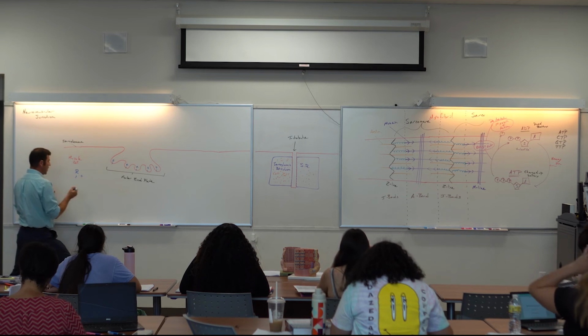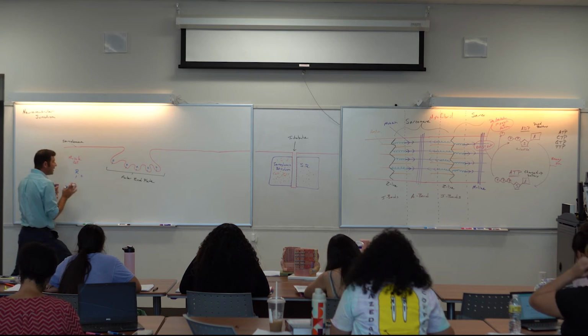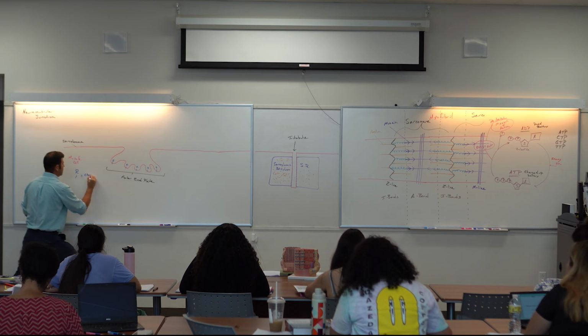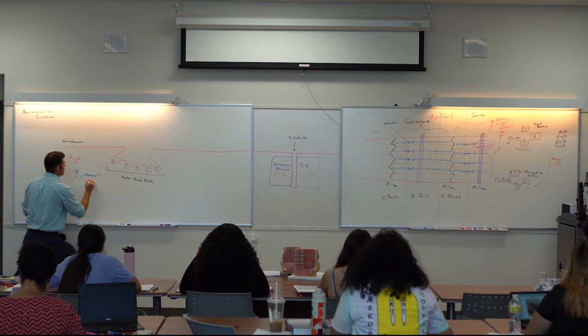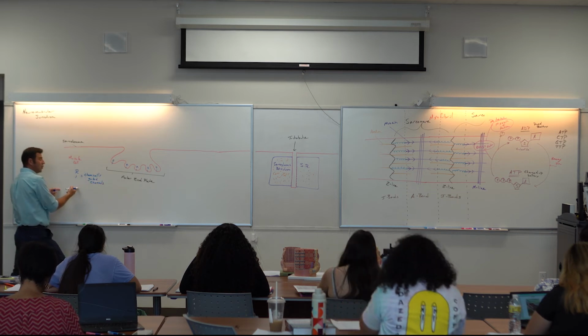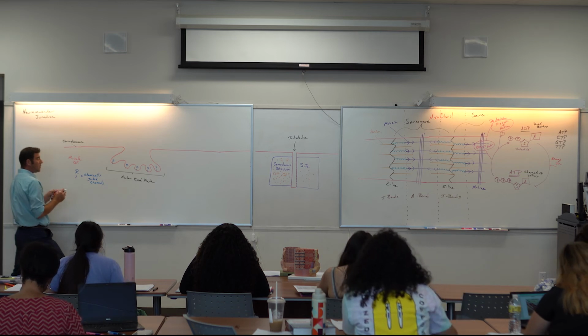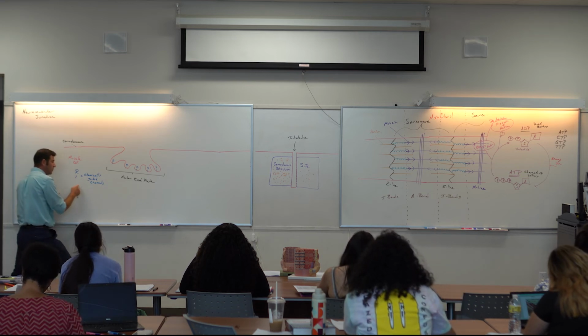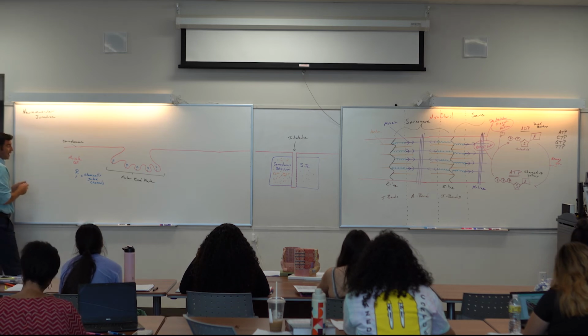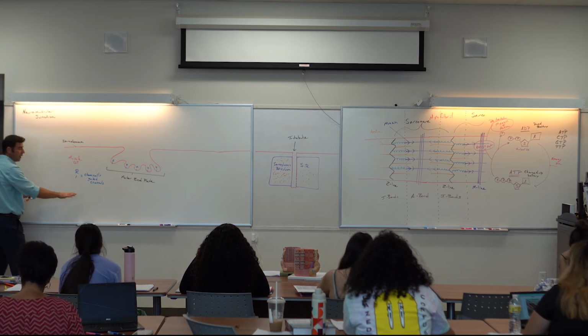Let me say that a different way. I'm going to call this a chemically gated channel. Chemically gated channels, they open and close based on the presence of a chemical signal. These chemically gated channels, like I said, are only located on the motor end plate.